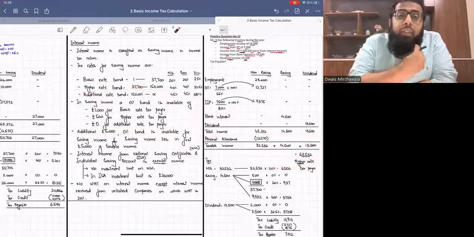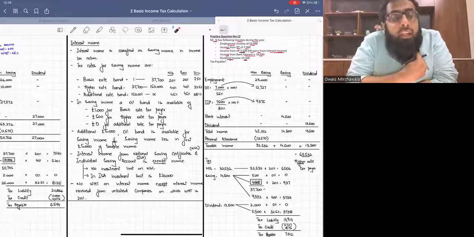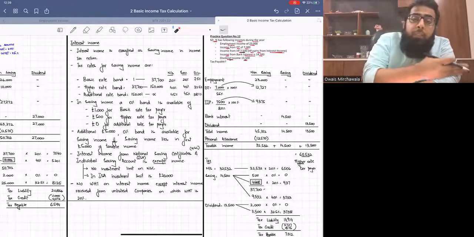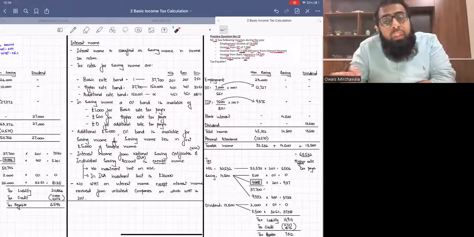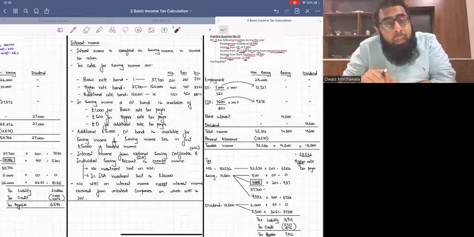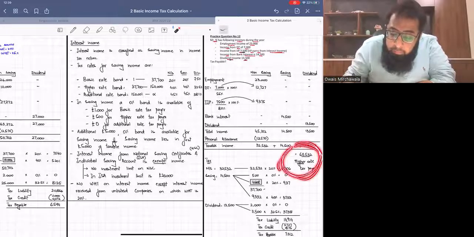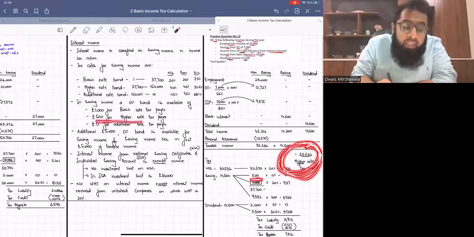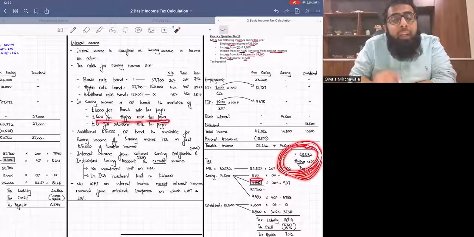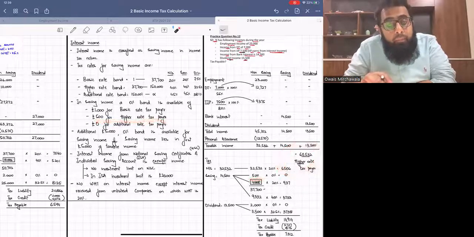Obviously 60,532 lies in the higher rate band, because from 37,700 to 150,000 we have the higher rate band. This determination will help us in determining which 0% band will apply on the saving income.